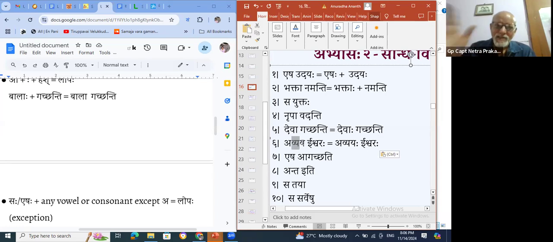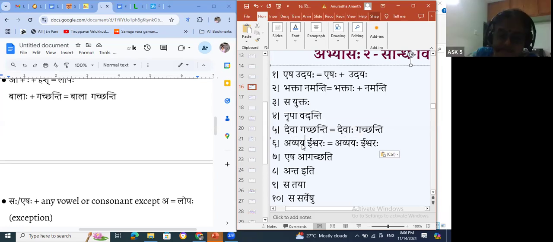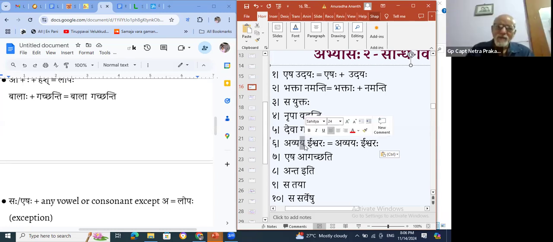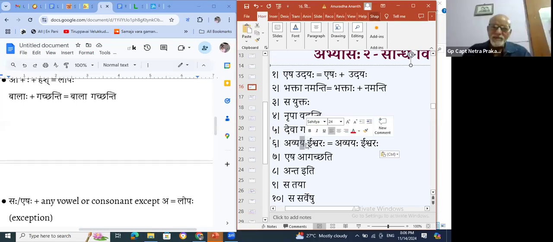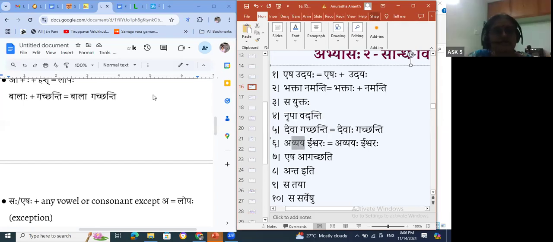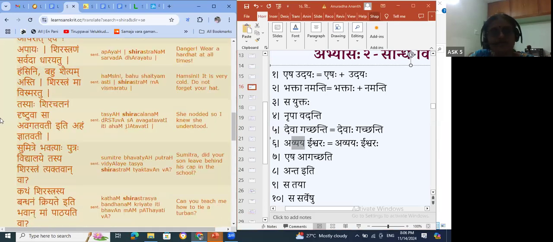Avyaya is that which exists and doesn't get spent. Correct, it comes from here only. Vyaya means spending; which gets spent is the vyaya, and here what is not getting spent is avyaya.